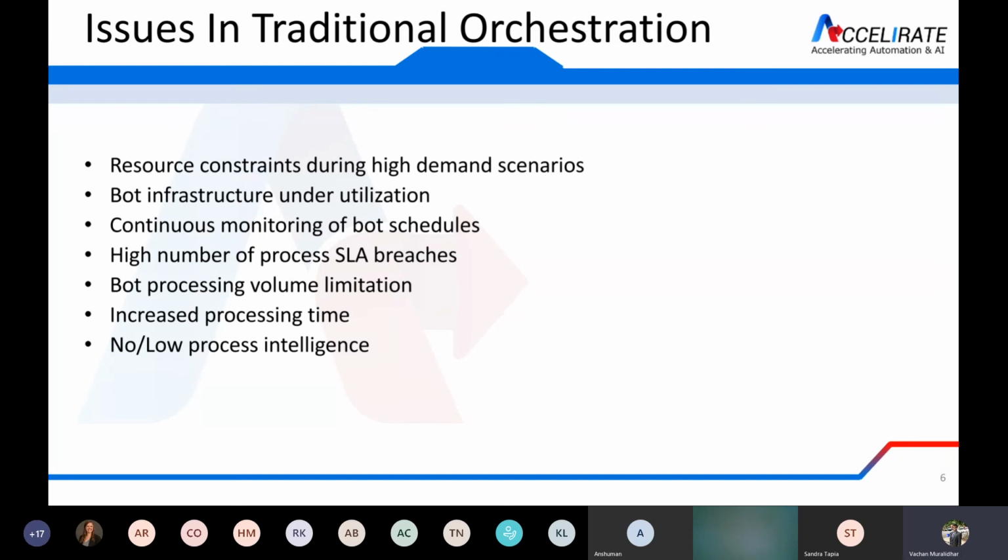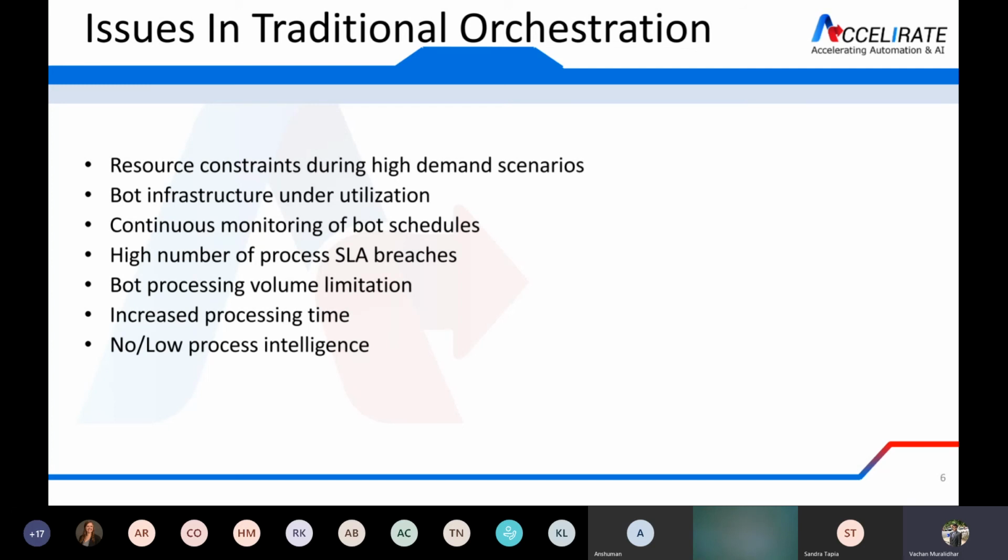And the second is bot infrastructure underutilization. Some of the processes might not require that amount of licensing time. Anyway, with the traditional orchestration, we allocate that many licenses, where we could pick some of the licenses based on the insights and provide them to other bots where it requires, where they face high volume scenarios.